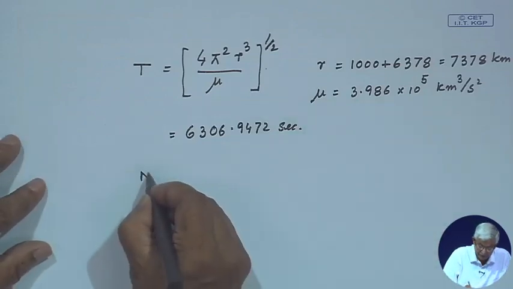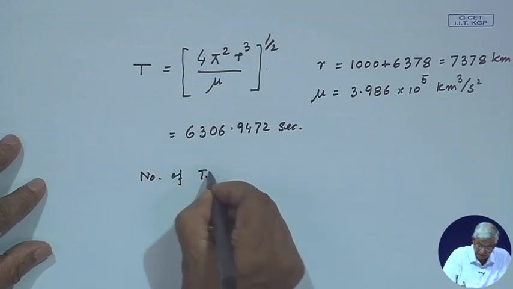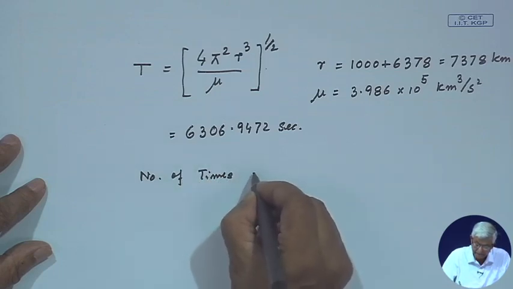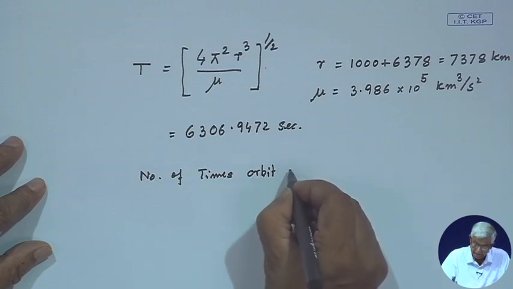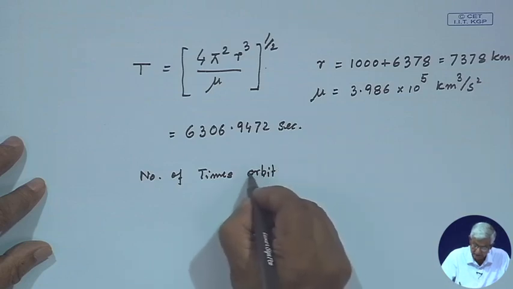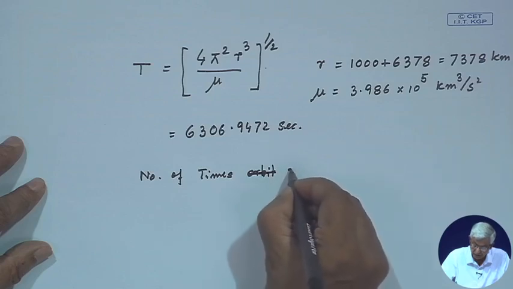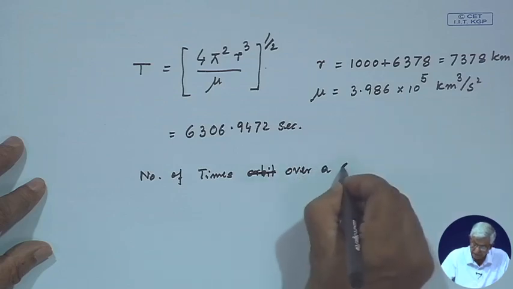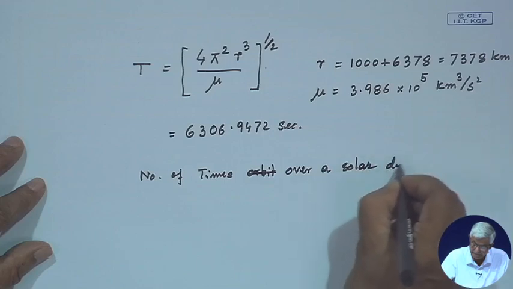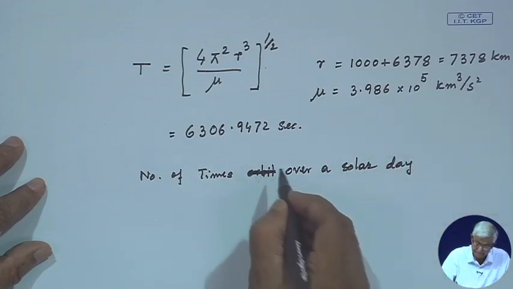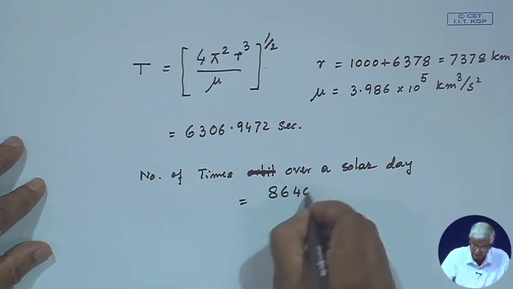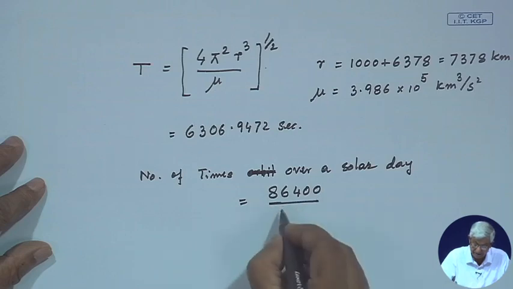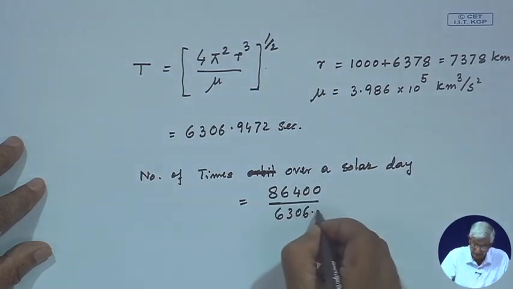So, the number of times the satellite will orbit over a solar day is one solar day in terms of seconds, 86400 seconds, divided by 6306.94 and so on.